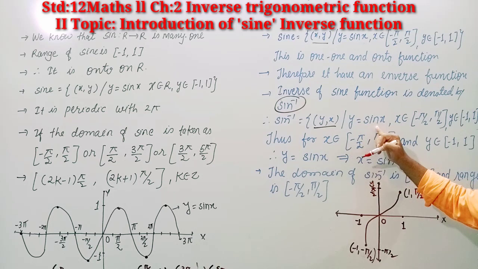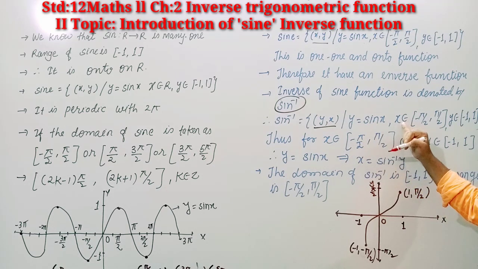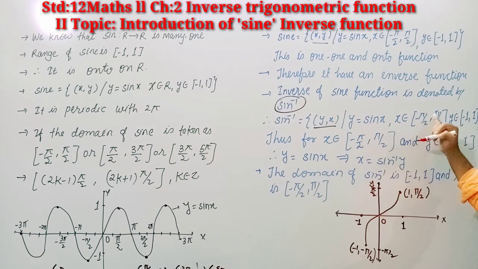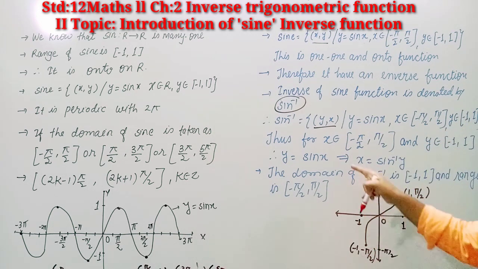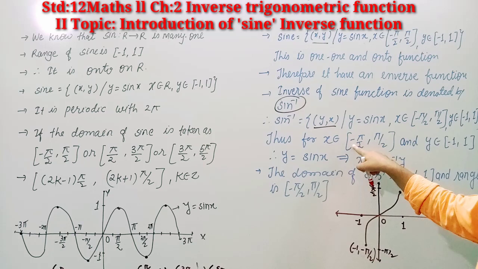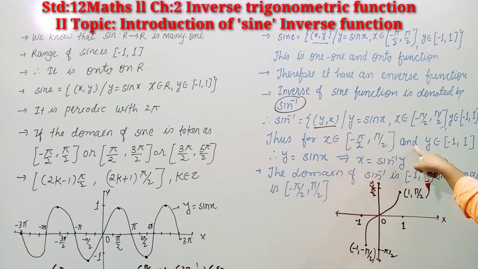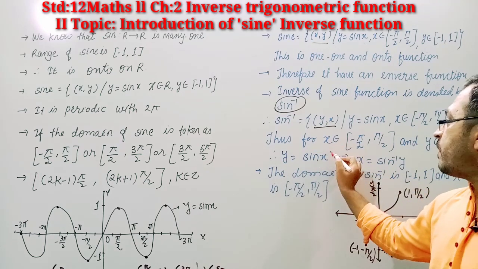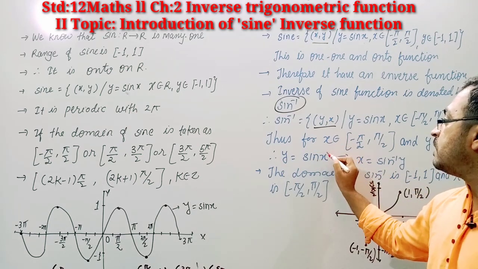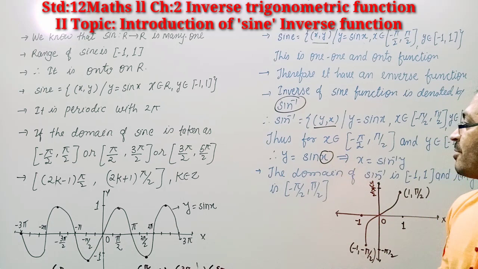So y will be what, sine x, then x belongs to minus pi by 2 to pi by 2, and y belongs to minus 1 to 1. Thus for x belongs to minus pi by 2 to pi by 2, the y will be minus 1 to 1. So finally you want to find out what, inverse of sine. So what about x? So x can be written as sine inverse y.